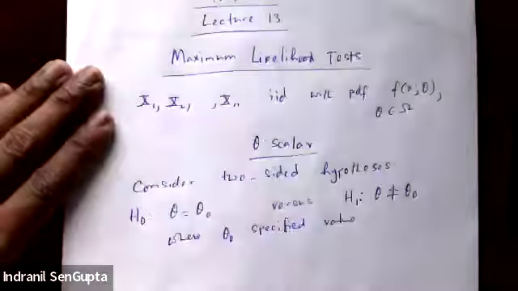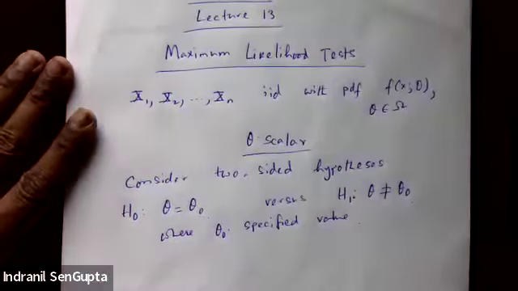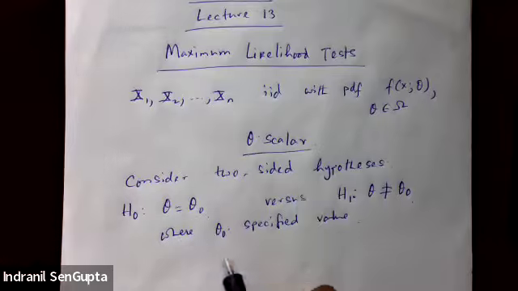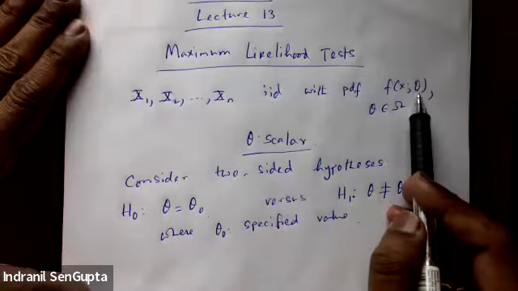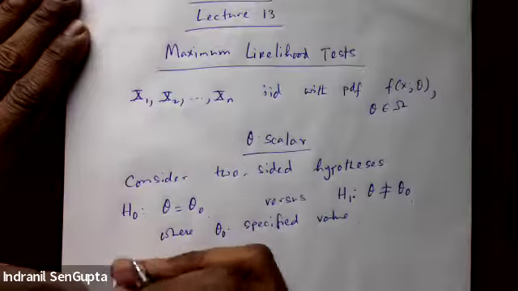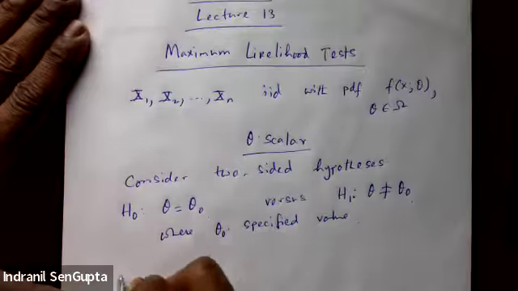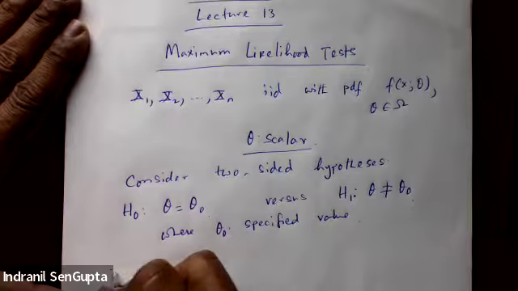Now recall how we found the true theta value of the PDF. How do you find it? We found this by using the log likelihood function.